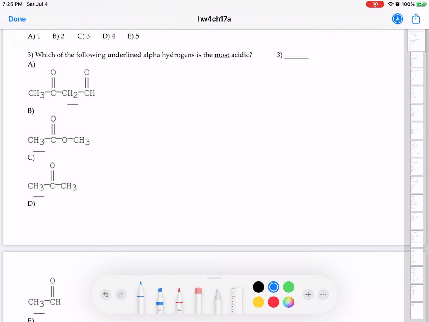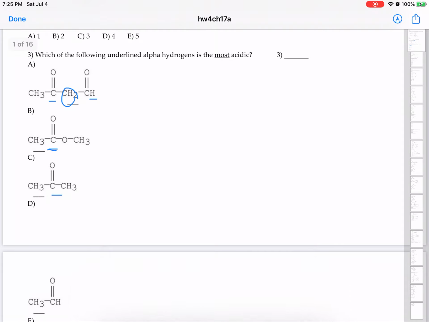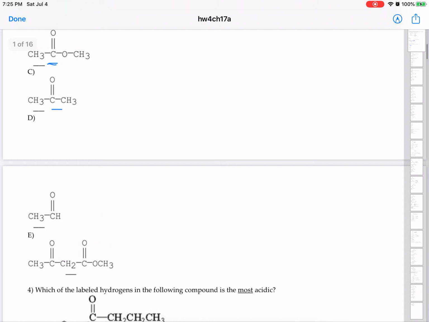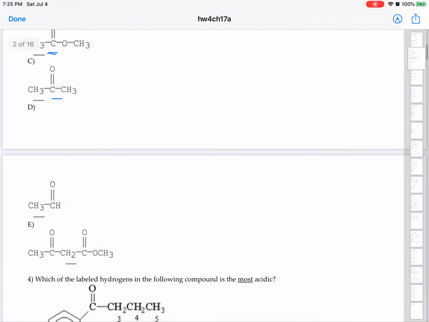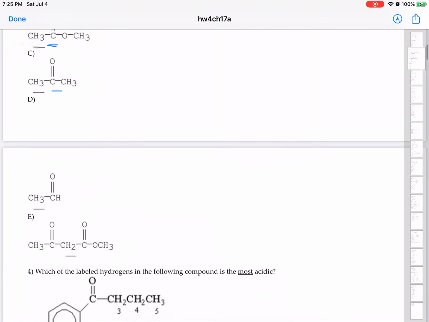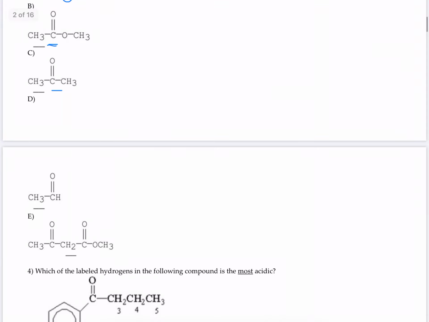In the first one, you have a CH2 group and then you have 2 carbonyl groups. For B, you have only 1 carbonyl group, and C also has only 1 carbonyl group, and then D has 1 carbonyl group and a hydrogen. E has 2 carbonyl groups, but one of these is an ester group.